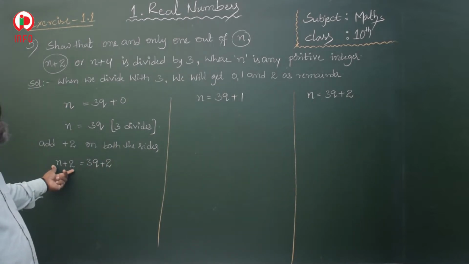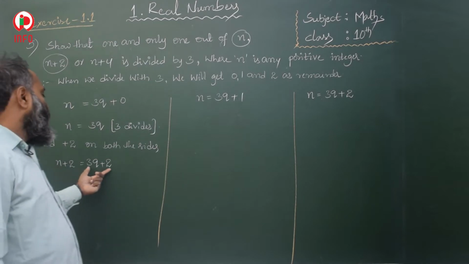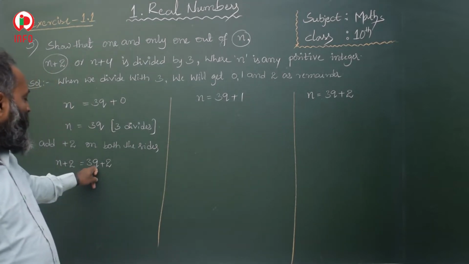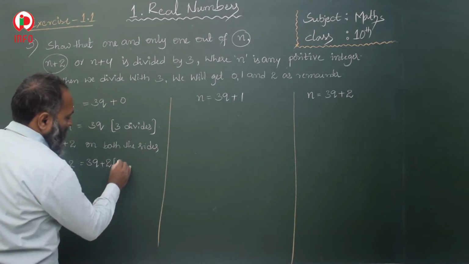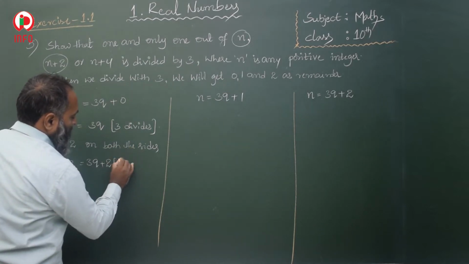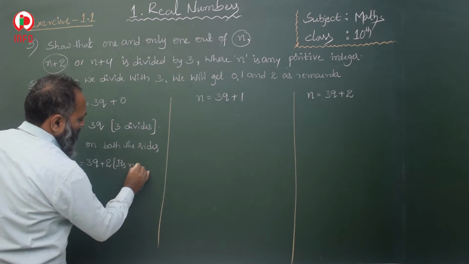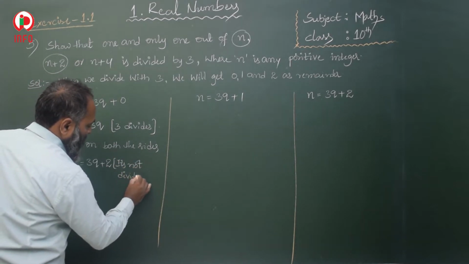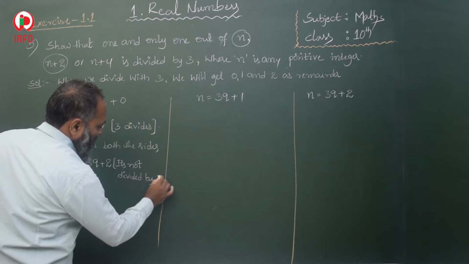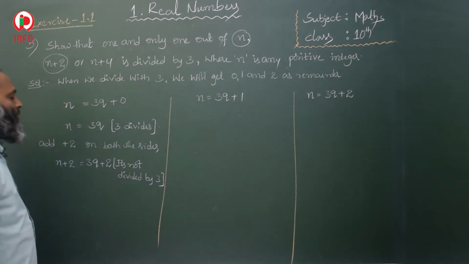Here n plus 2 is a positive integer, 3q plus 2, where a multiple of 3 is there and remainder 2 is there. So it is not divisible by 3.